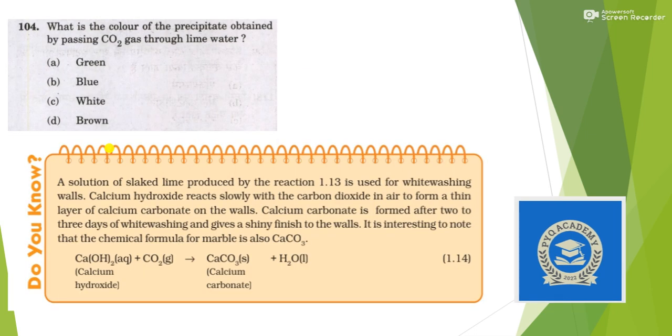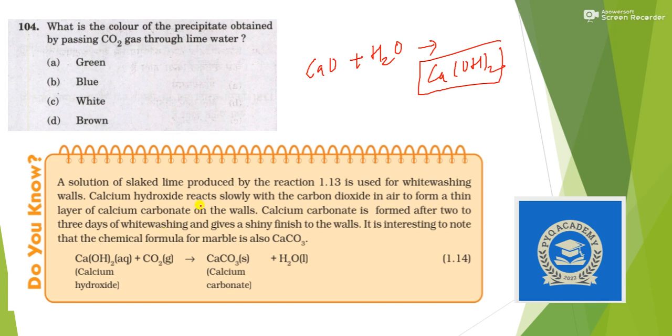Next question is, what is the color of precipitate obtained by passing CO2 gas through lime water? This question has been asked number of times. So lime water is nothing but slaked lime, or when the quick lime CaO is reacted with H2O, then it becomes Ca(OH)2, which is lime water or slaked lime.